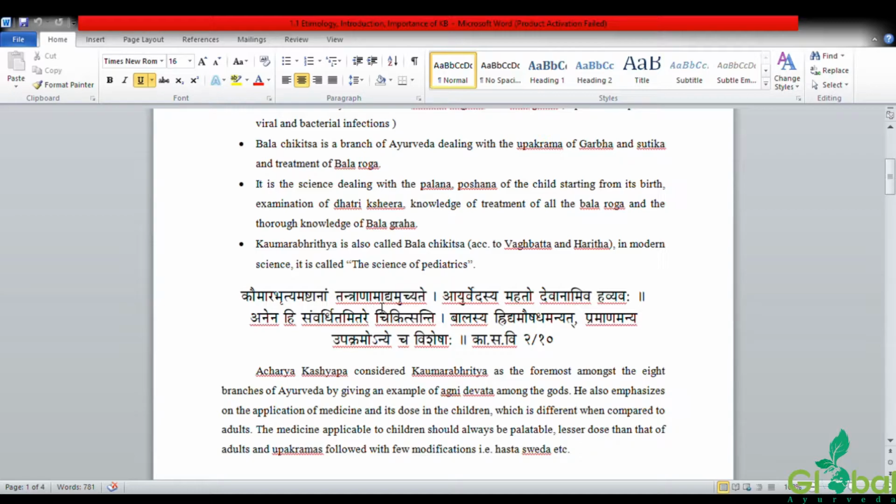Whenever we study Virechana Yogya, Vamana Yogya, Nasya Yogya, Basti Yogya, we know that all these children are contraindicated. But when there is an urgency to give Panchakarma Chikitsa in case of children, what is the dose and what are the precautions to be taken? All these things have been mentioned especially in Kaumarbhritya only.